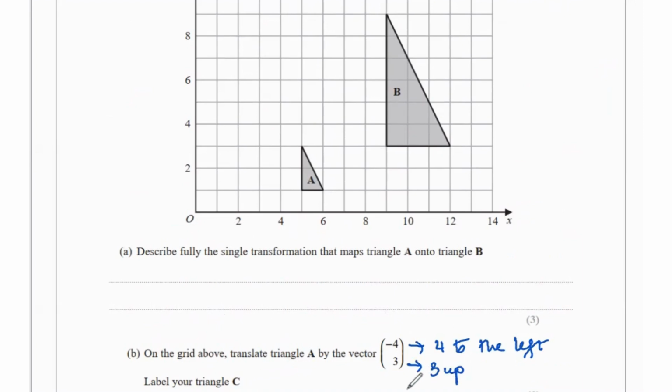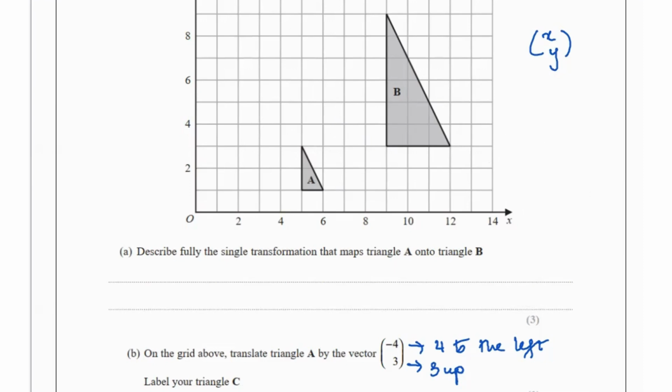The first value is always your x value and the next value is always your y value. So a negative x value means that you're moving towards the left side. A positive x value means that you're moving towards the right side. A negative y value means that you're moving down. And a positive y value means that you're moving up. So shape A is going to move 4 units to the left and 3 up.